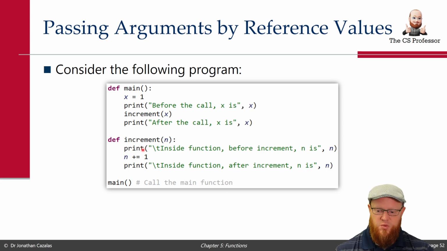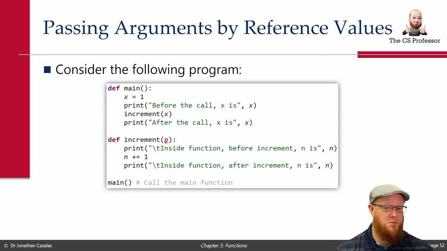And so now we print inside the function before incrementing, n is 1, which is what you should expect. Now we increment n, and n becomes 2, which is exactly what we also expect. And then we say inside the function, after incrementing, n is, and n is in fact 2.